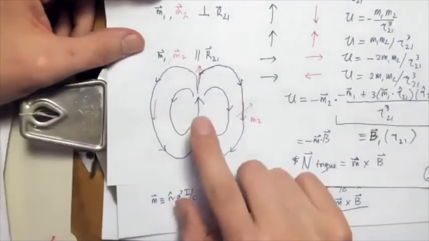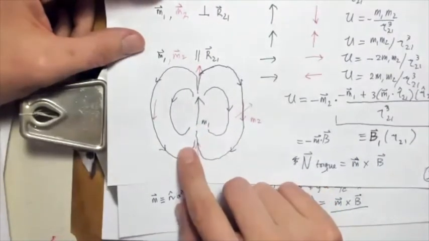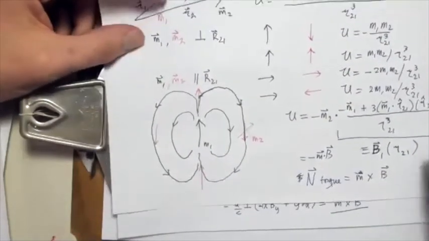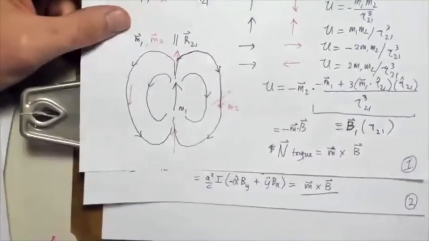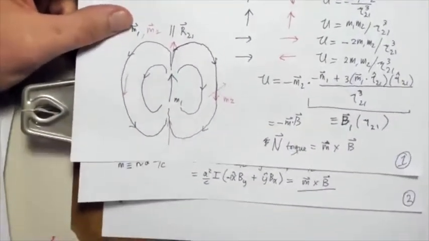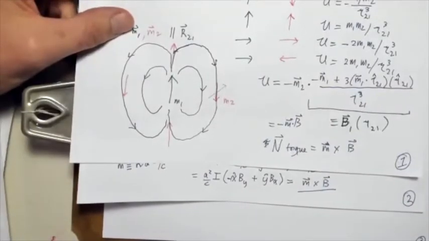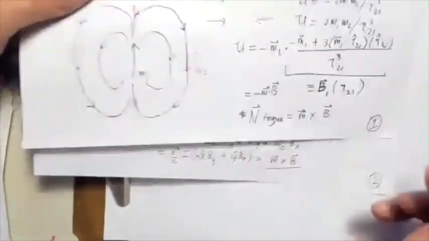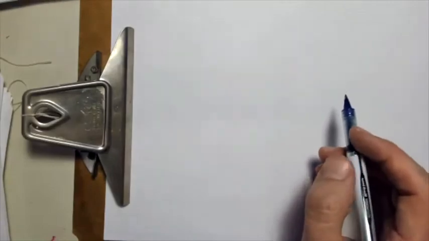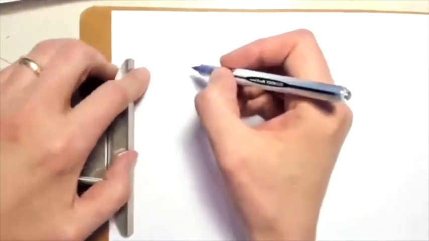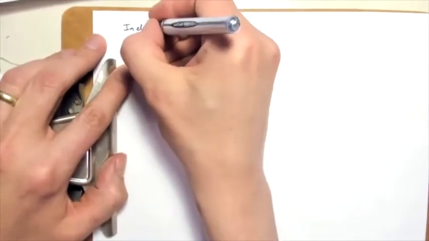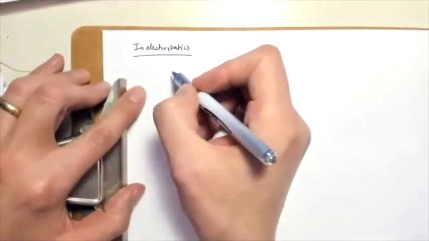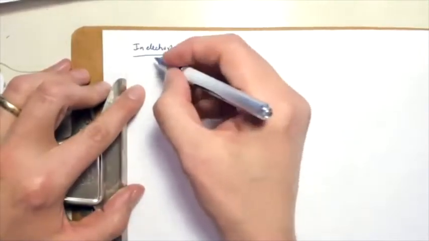Now, let's try to get to Ampere's law first. So the connection is that we will try to cast finding this field in the same way as you would do this in electrostatics. So in electrostatics, you don't use M's for dipoles, but you use D's.